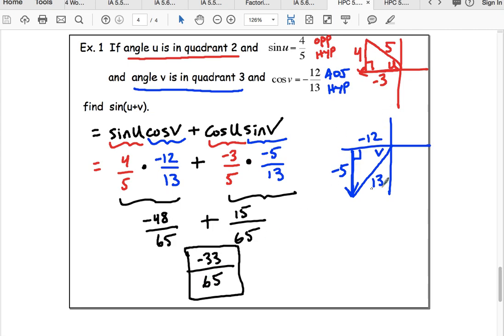So we drew our two pictures, one for u, one for v, and be very careful about if your side's pointing left or down, it should be negative, and be careful of what triangle you're looking at, u versus v. Okay, so you can use the rest of the time to work on your homework, and have a good day.